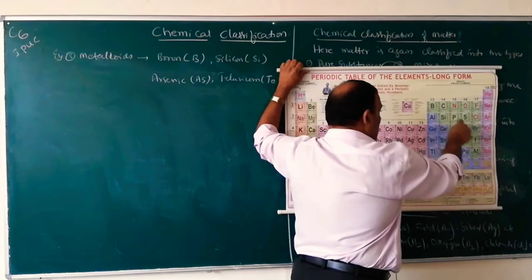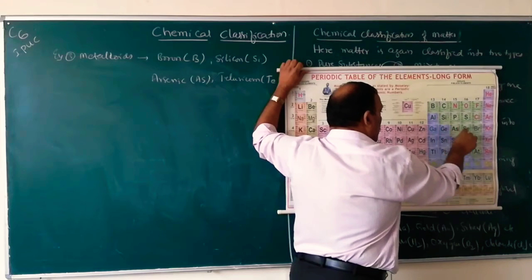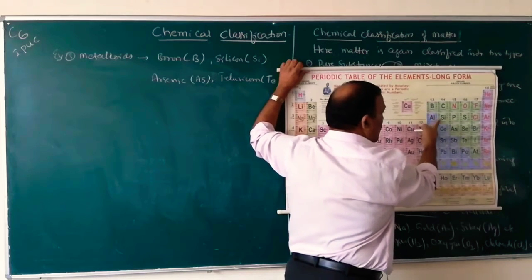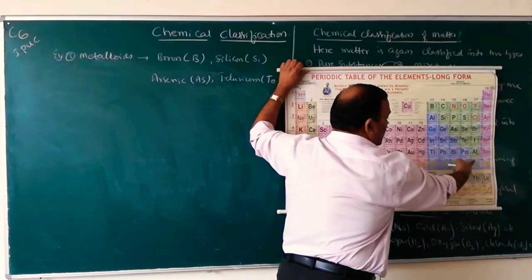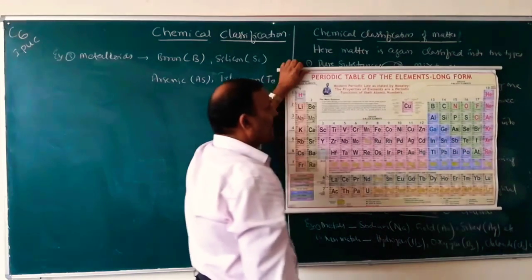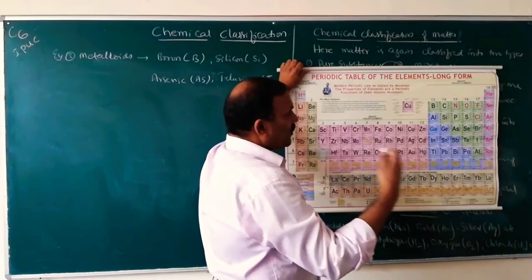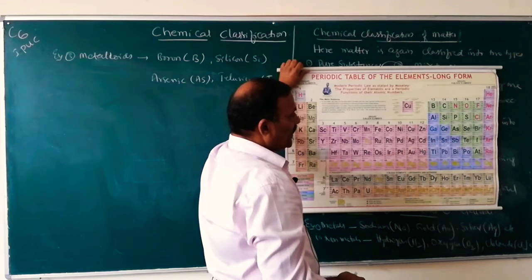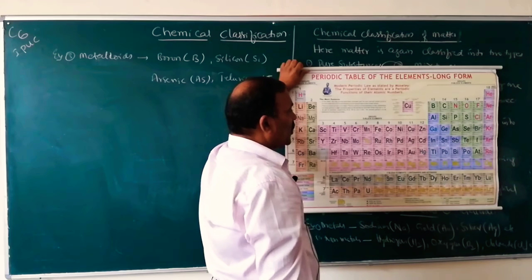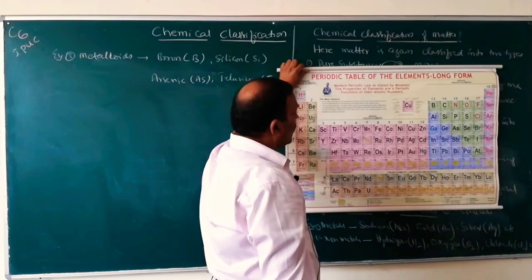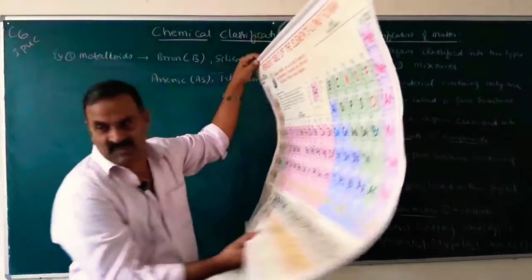So there is a demarcation between metals and non-metals, and these are the metalloids. Metals are placed in the left side, non-metals in the right side of the periodic table, and metalloids are placed in between. We will discuss the properties of these later on.